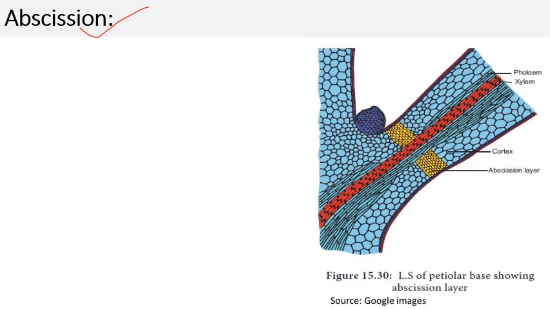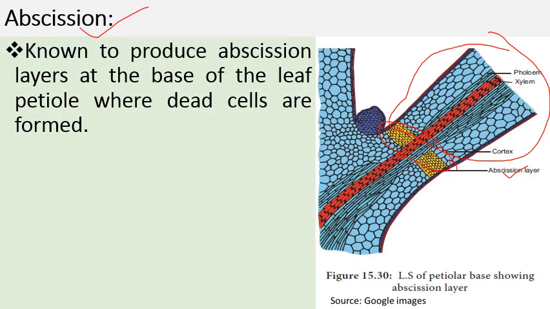Next is abscission, that is the falling down of leaf or any other plant parts from the parent plant. So this ABA induces the formation of a layer known as the abscission layer or abscission zone under stress condition. It is known to produce these abscission layers at the base of the leaf petiole where the dead cells are formed, and after that the leaf will detach from the parent plant.